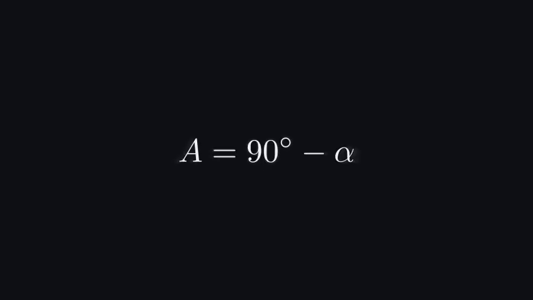Now substitute A equals 90 degrees minus alpha into the cosine equation. We use the identity cosine of (90 degrees minus alpha) equals sine of alpha.